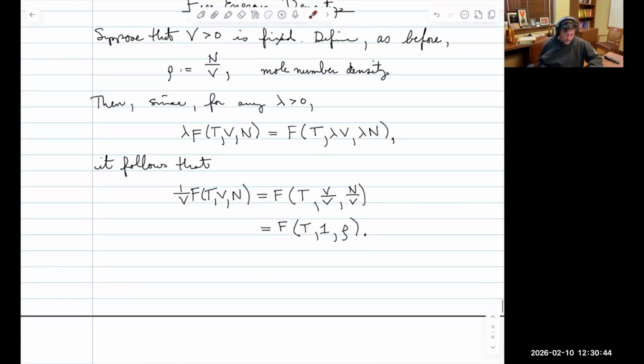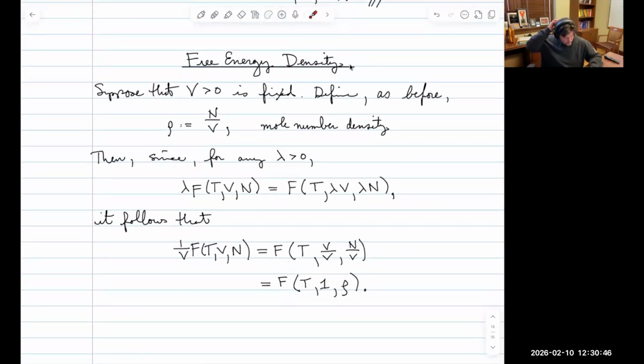So let's try it. Suppose that V is fixed, and we're going to define as before this number density, and suppose that it's a unary material, so there's only one number density to be examined. And so suppose that lambda is greater than zero.